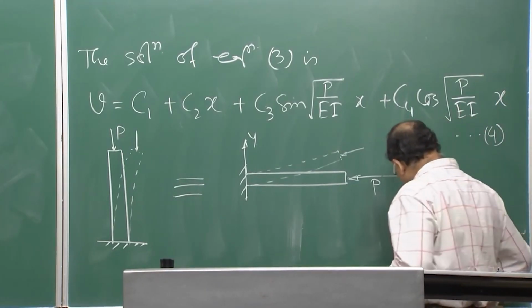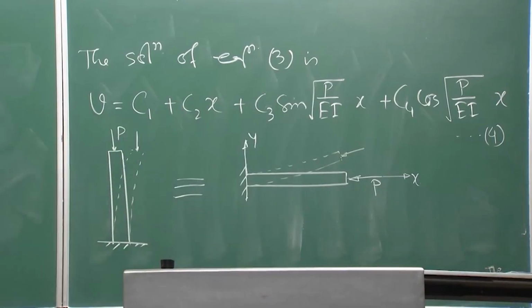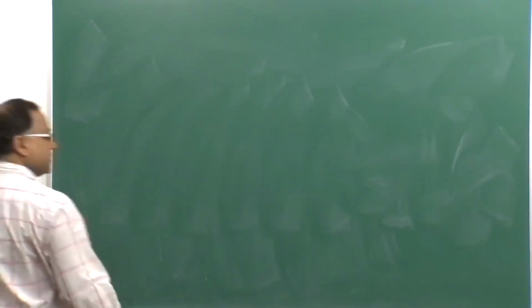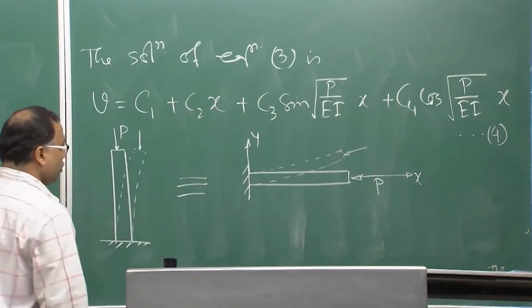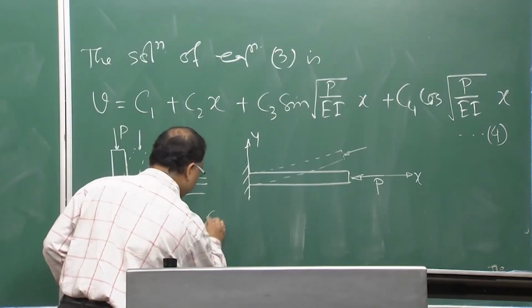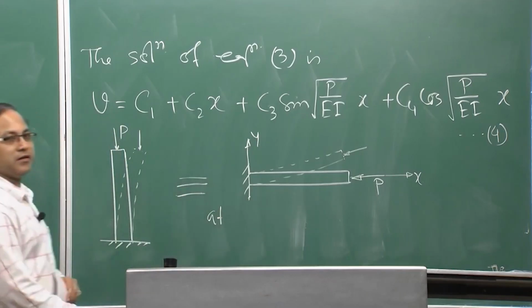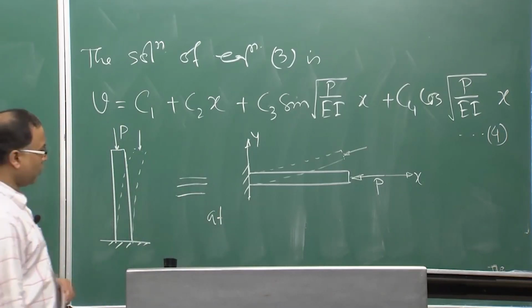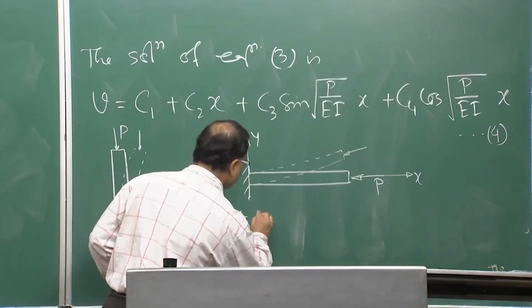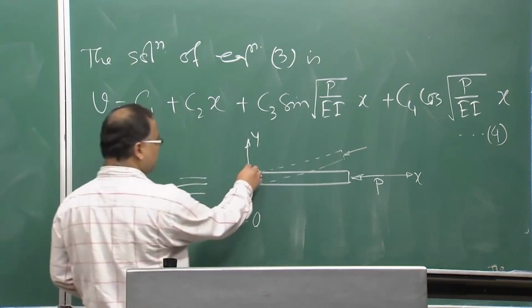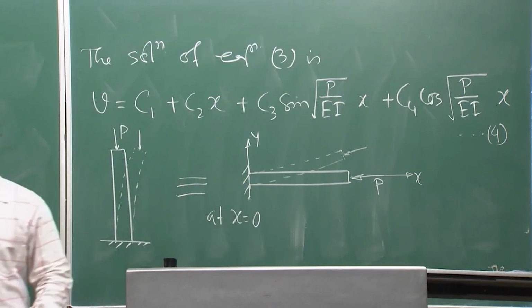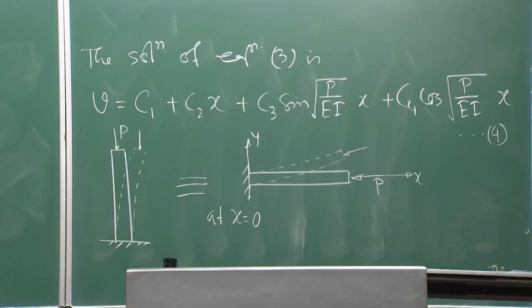Okay. So, now if you consider this system, what boundary conditions can you think of for this kind of problem? At x equal to 0, that means at the fixed end. What are the boundary conditions for the fixed end?